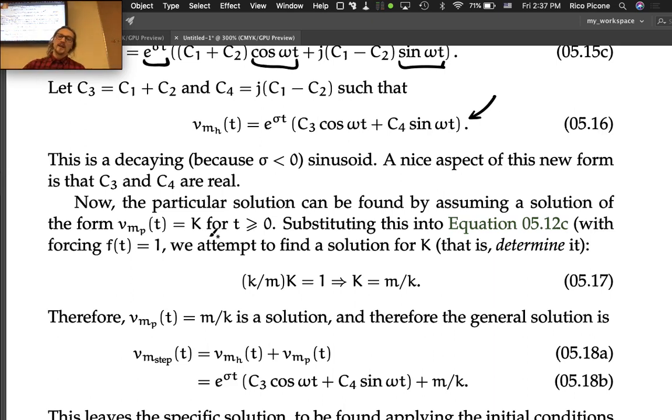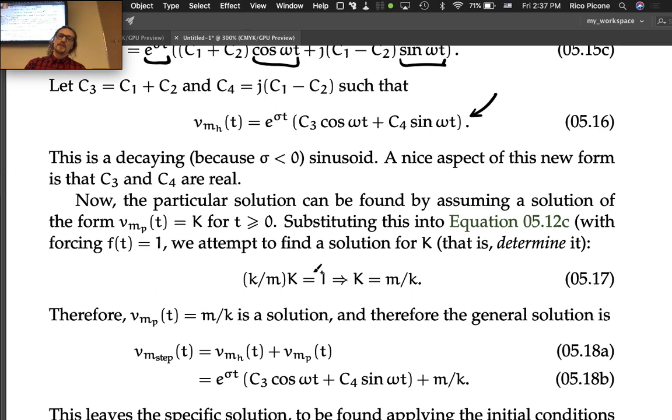Okay? So we plug it into our differential equation, and then we try to solve for what the undetermined coefficients are. In this case, we only have one undetermined coefficient. It's capital K. So we solve for capital K. In other words, we determine it. So we are determining the undetermined coefficient, and we find that it's just equal to m over little k, or the mass over the spring constant.